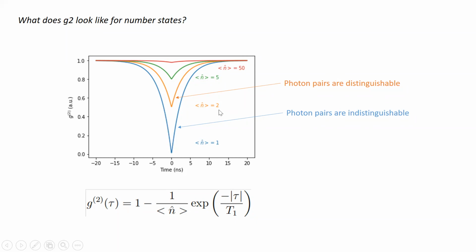For distinguishable ones, you get two photon states. So the signal you look for is whether you can change your setup so the photons go from indistinguishable to distinguishable, and then your result should change from the blue line to the orange line. That's the goal.